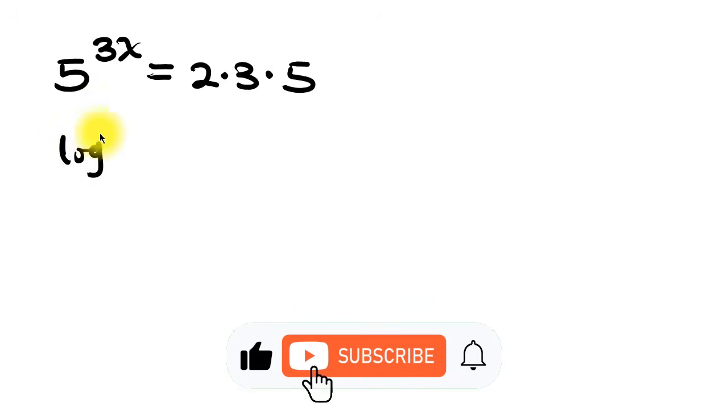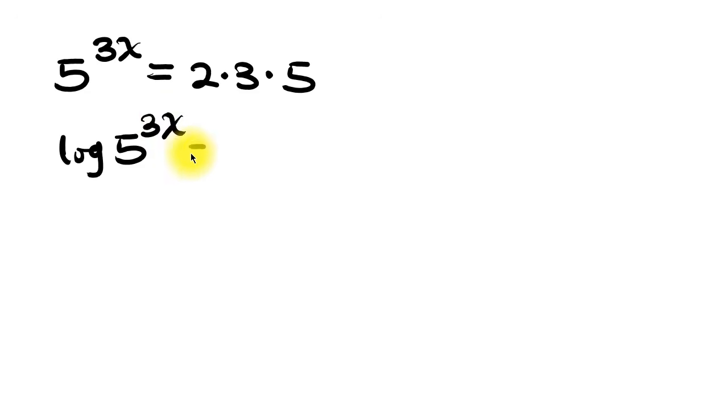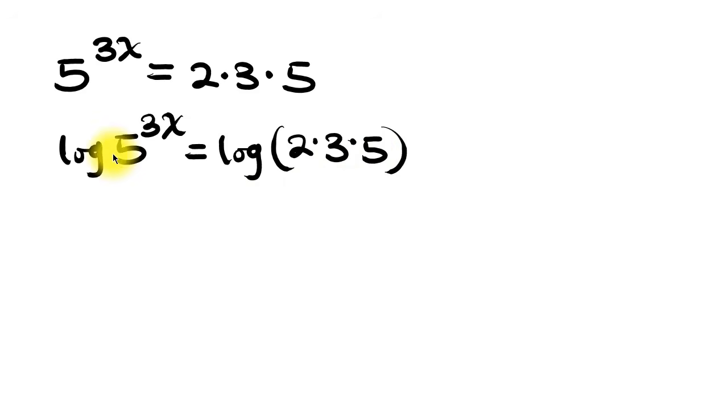So I have the log of the left hand side, which is 5 to the power of 3x. This is equal to the log of the right hand side, which is 2 times 3 times 5. Good. Now let's apply the property of logarithm here.